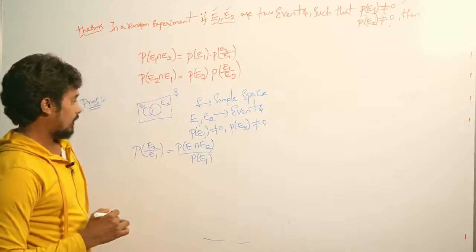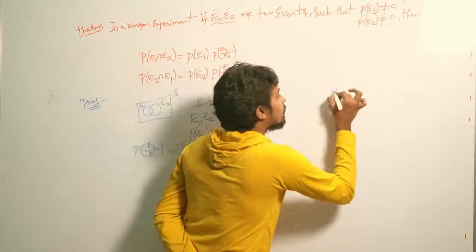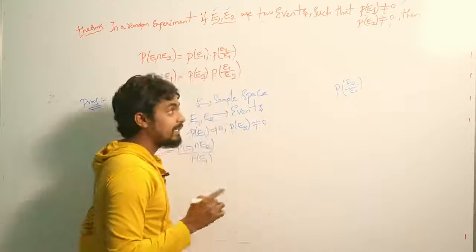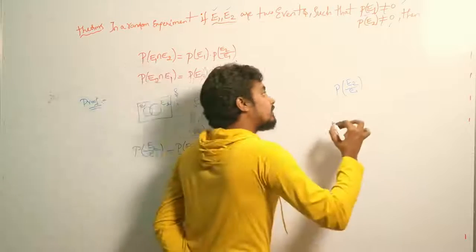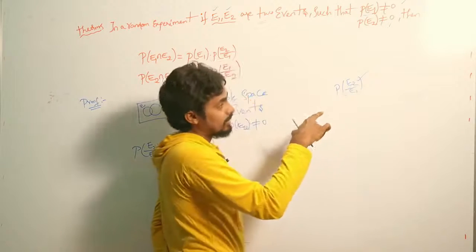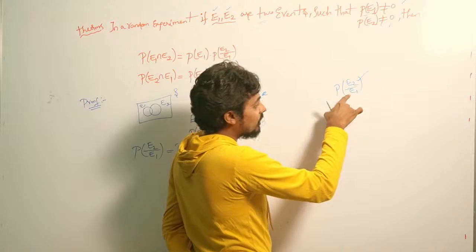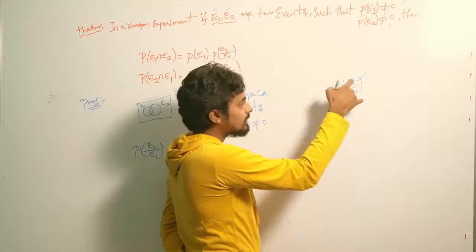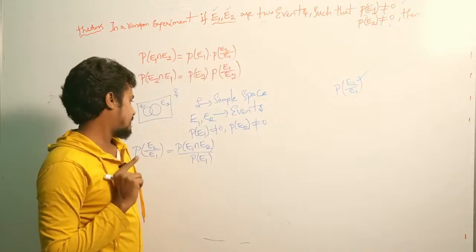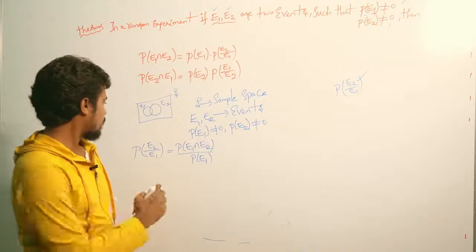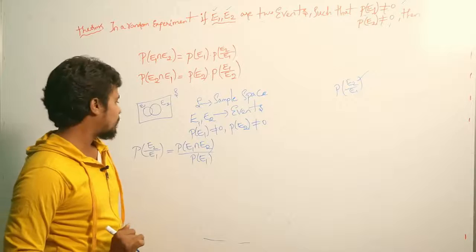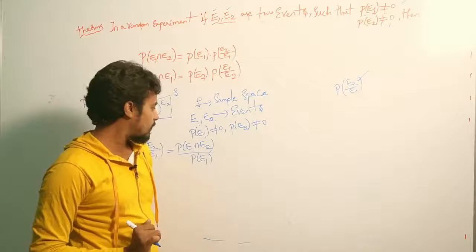That means, if you take P of E2 divided by E1, independent means E2 will not affect E1, and similarly E1 will not affect E2. Hence these two events are said to be independent events. So this will be our formula: P of E2 divided by E1 is equal to P of E1 intersection E2 divided by P of E1.